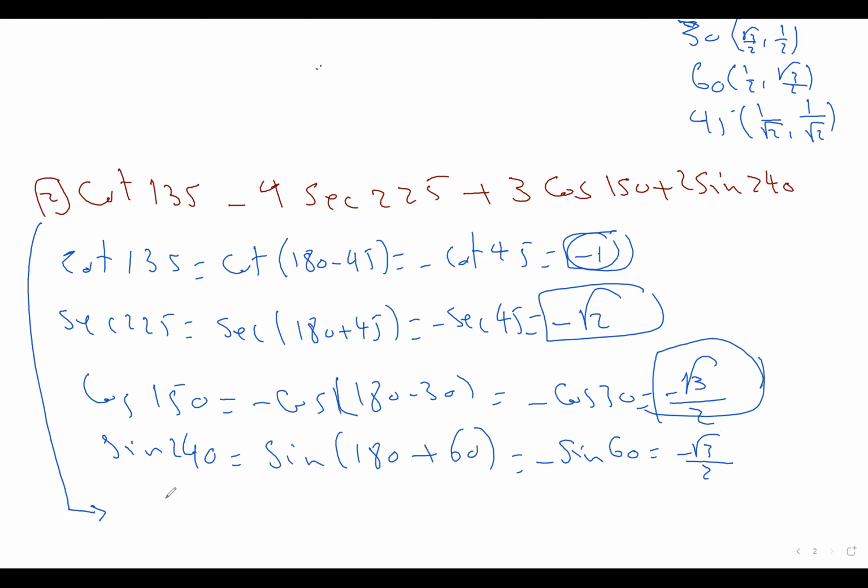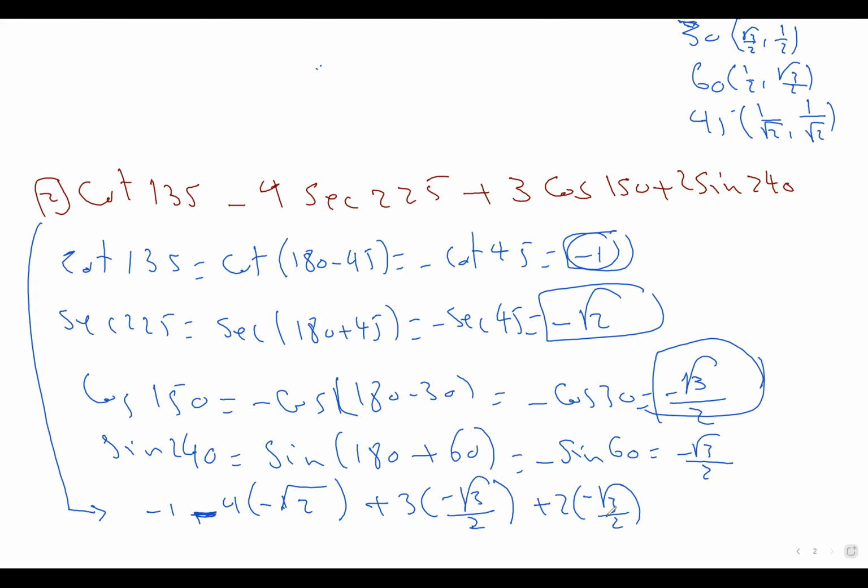It will be cotan, which is negative 1, minus 4 times negative root 2, plus 3 times negative root 3 over 2, plus 2 times negative root 3 over 2. And you can use the calculator in the last step.